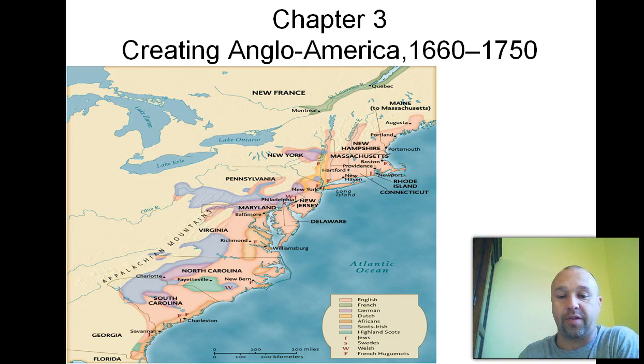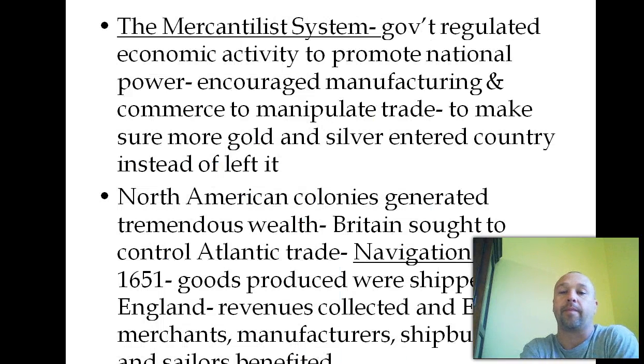So the origins of these colonies were made up of many English, the French, Germans, Dutch, and of course a lot of African slaves. Many different groups composed this area. So the mercantilist system was prevalent in this 100-year period, and the government is going to regulate economic activity to promote national power.